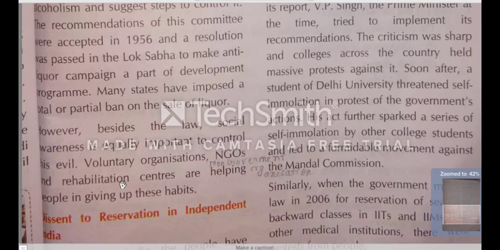They will leave their bad habits and start living their life as before, and these organizations were helping.